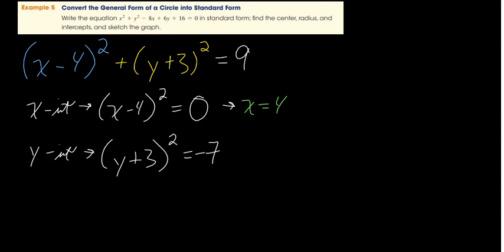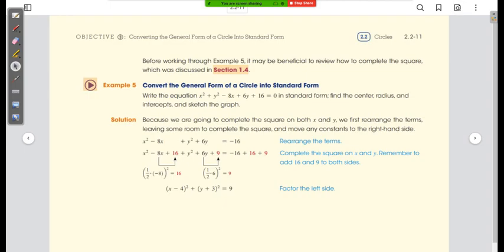Okay, so as soon as I take the square root of both sides, we're going to end up with the square root of negative 7, which is going to give me an imaginary number. So this tells me right now that this has no y-intercepts. Okay, so let's go ahead and look at the graph.